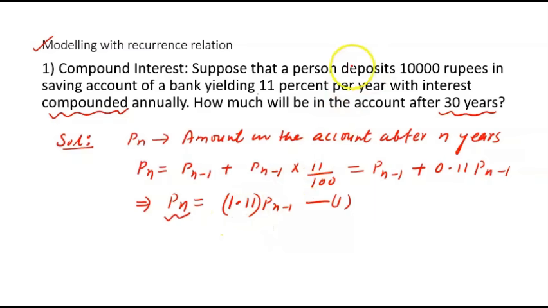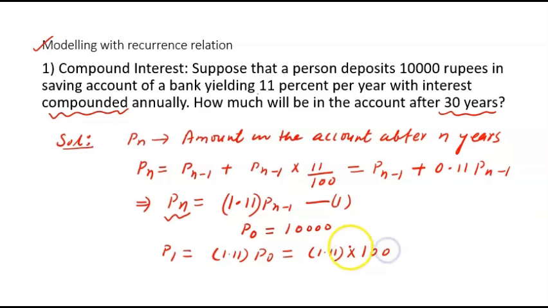Because initially the deposit was 10,000 rupees, I can consider that P0 is equal to 10,000 rupees, right? So what will be P1? P1 will be equal to 1.11 into P0, and that will give me 1.11 into how much?